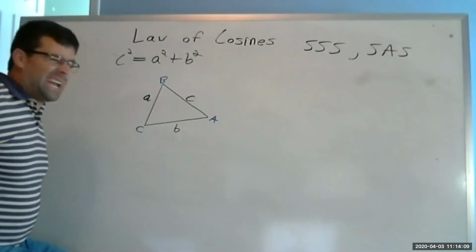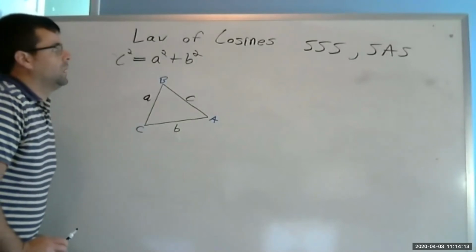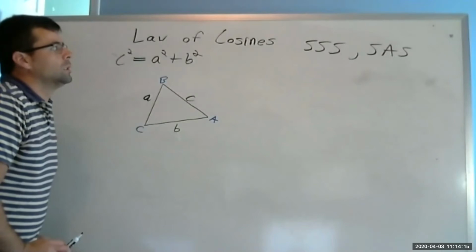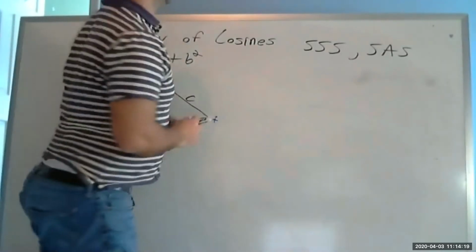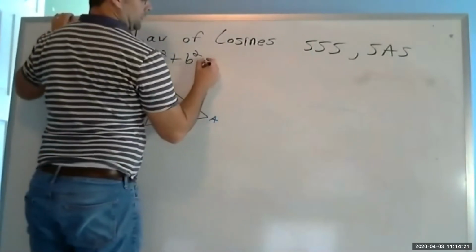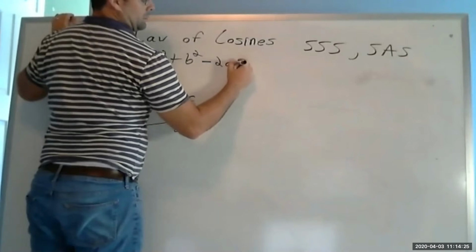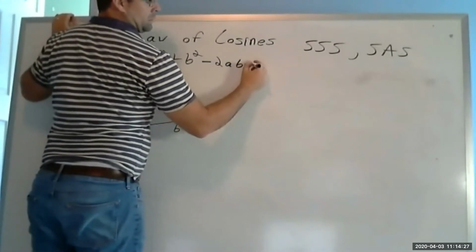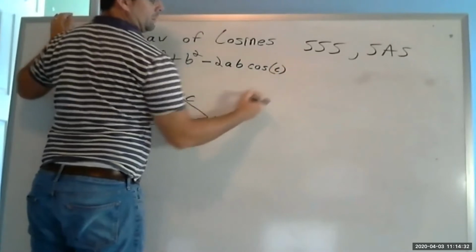So we can add a little something that allows us to do this for any triangle. The thing that we add is this thing.